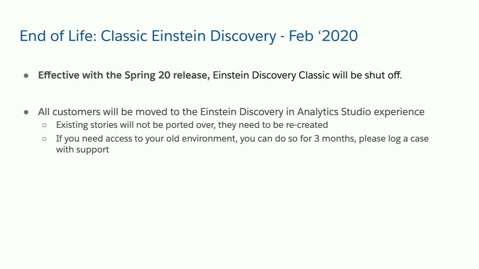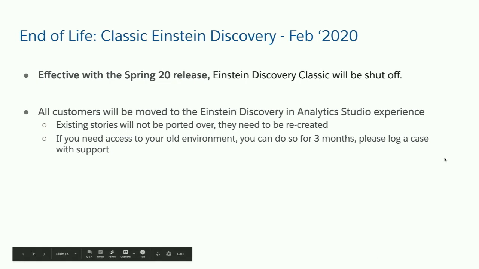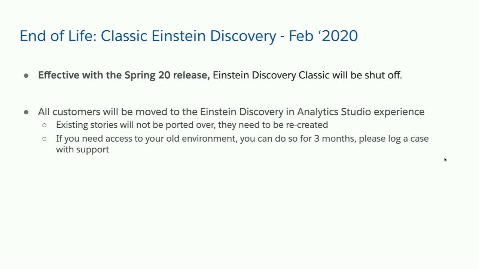If you still need to see your old data, it'll be available for 3 months. Please log a support ticket to be able to revert back to that old version. And the last thing that I want to mention here is that existing stories will not be ported over, so you'll have to recreate them on the new version of Discovery. So with that, I'm going to go ahead and dive into a demo of the features that we talked about.